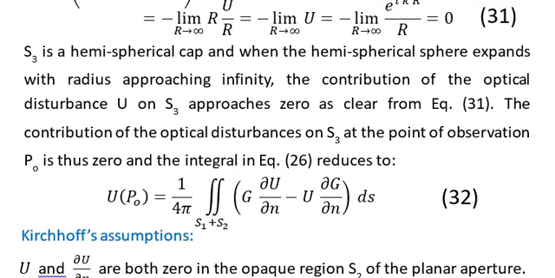Now S3 is a hemispherical cap, and when the hemispherical cap expands with the radius approaching infinity, the contribution of the optical disturbance U on S3 approaches 0, as clear from equation 31. The contribution of the optical disturbance on S3 at the point of observation P0 is thus 0, and the integral in equation 26 reduces to. So we have proved that the contribution due to the surface S3 is 0.